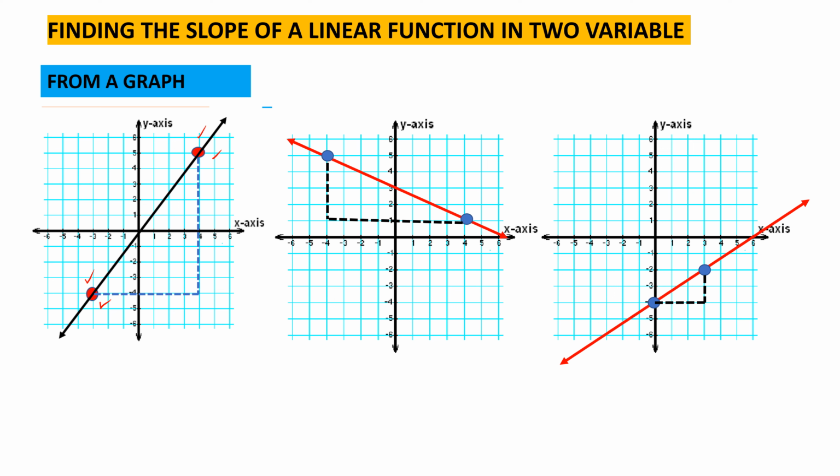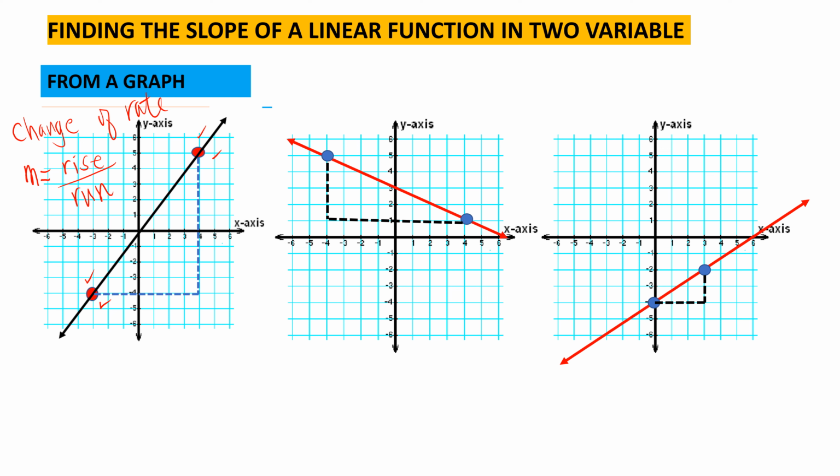Then we can determine the rise over run, because we already know that when we say slope, it refers to the rate of change. So when we say rate of change, it refers to the slope. It is the way the line slants.